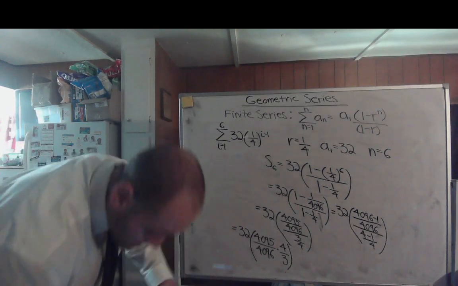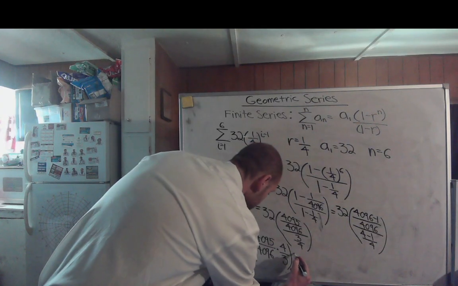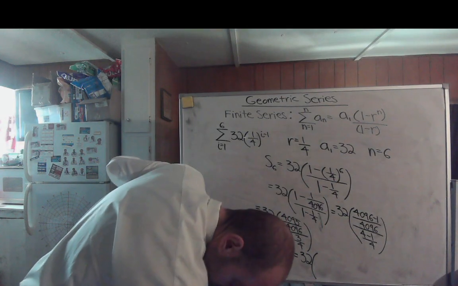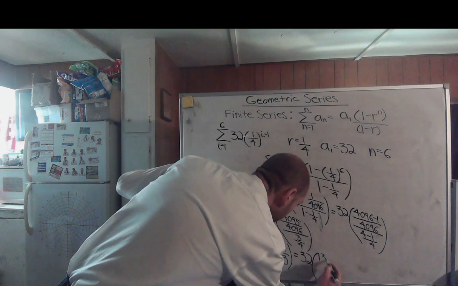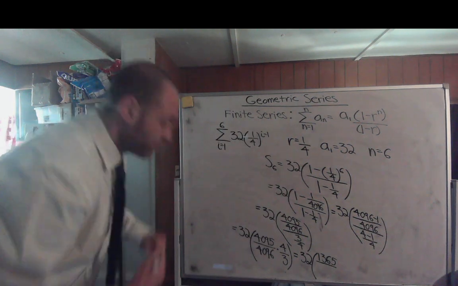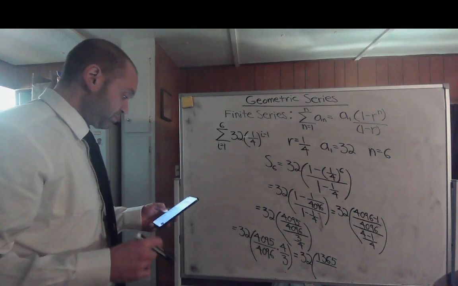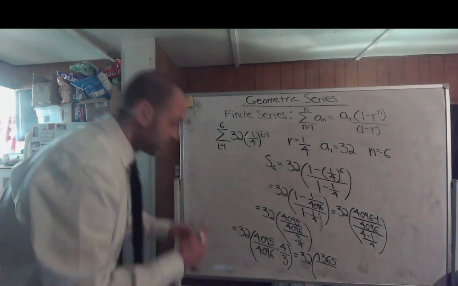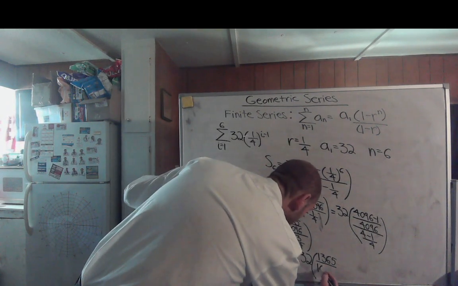Yep, 4095 divided by 3, so that's going to give me 32 times 1365 all over, and I know 4096 will divide by 4, all over 1024.